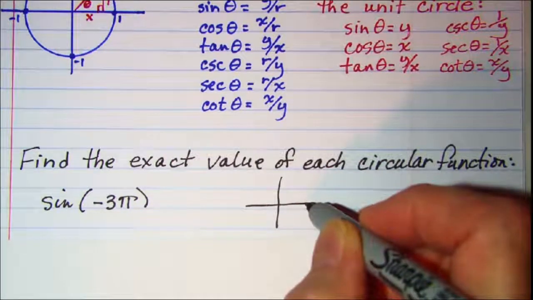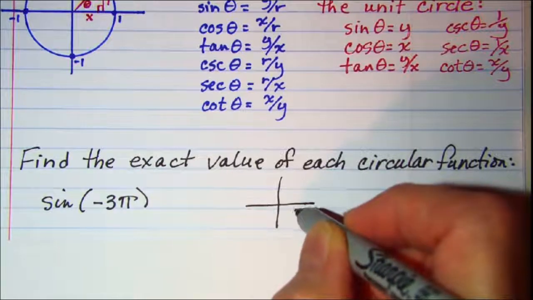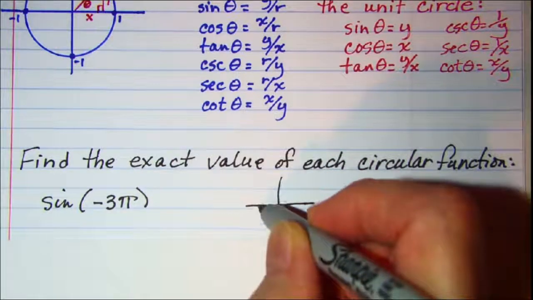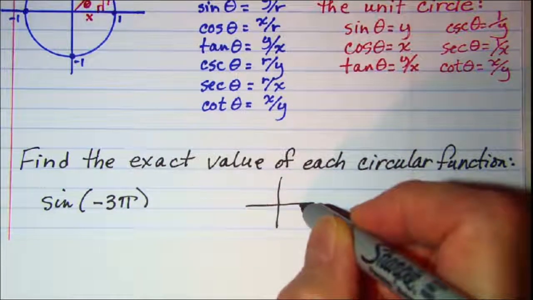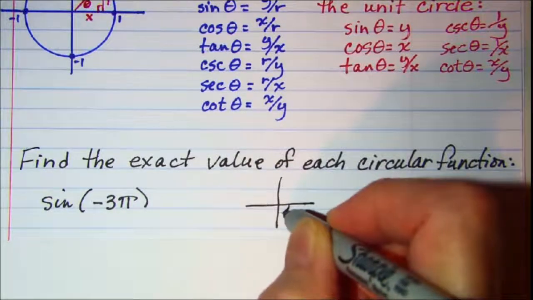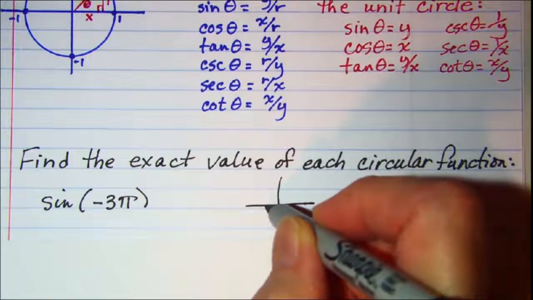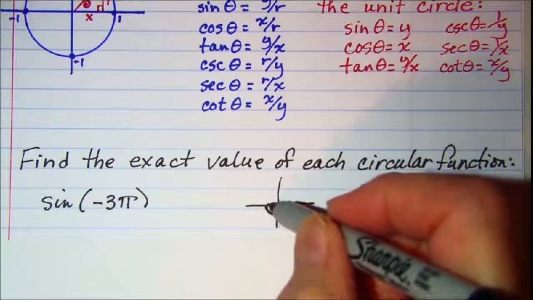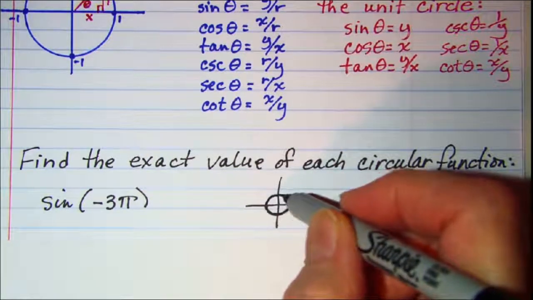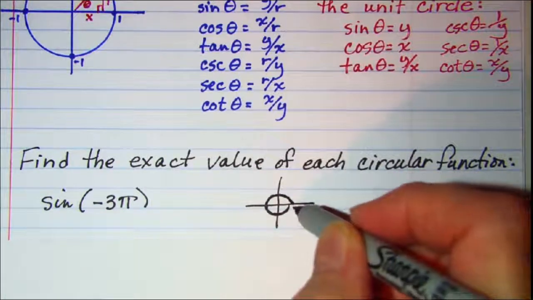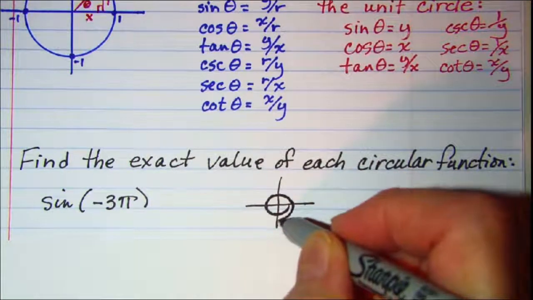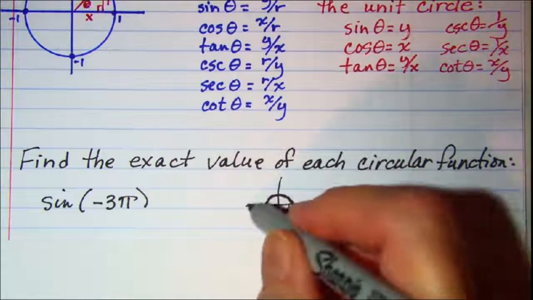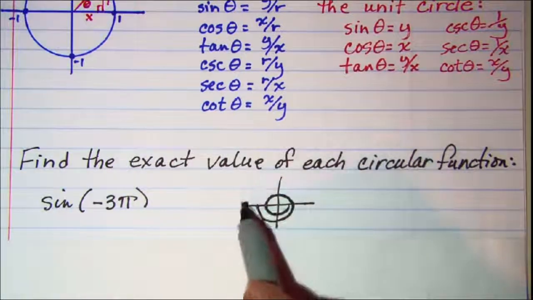So we're going to move around our coordinate plane in a clockwise rotation. So this is a negative 1 pi, just a semicircle. So there's a negative 1 pi. And then this is a negative 2 pi, and then this one is negative 3 pi. So we're over here at the negative x-axis.